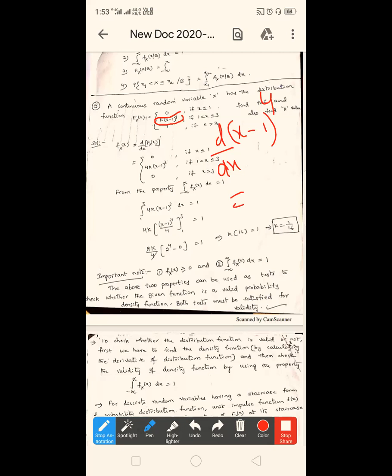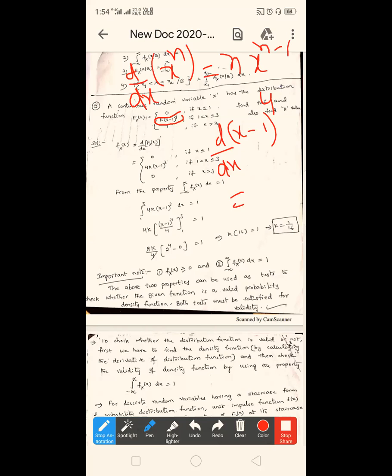It is n into x power n minus 1. Here I am writing the formula also: the derivative of x power n is equal to n into x power n minus 1.